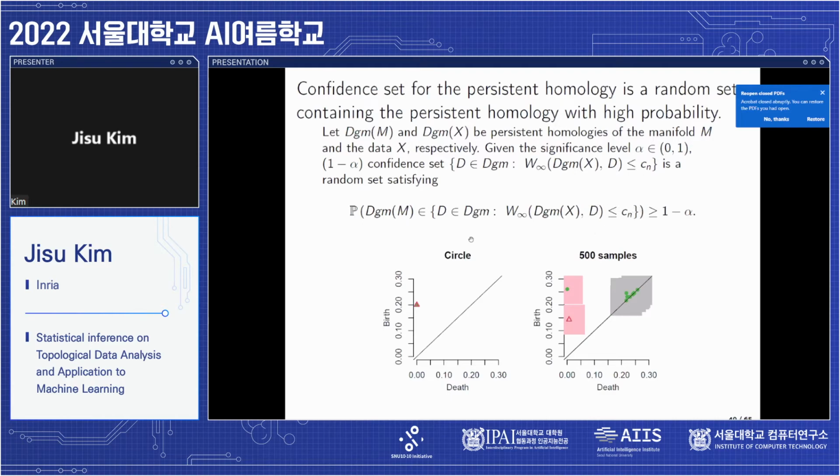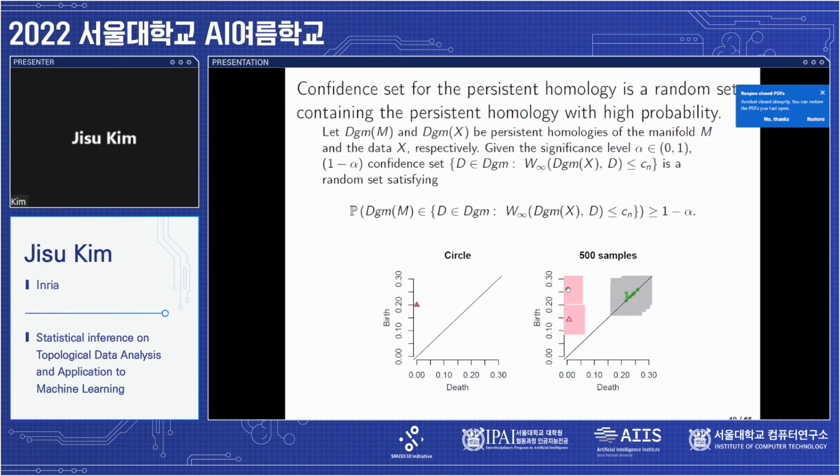When you take any persistent homology from this confidence set, it has points that may not be exactly the same as this, but their locations are similar.